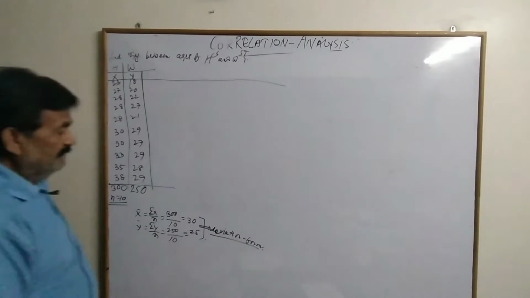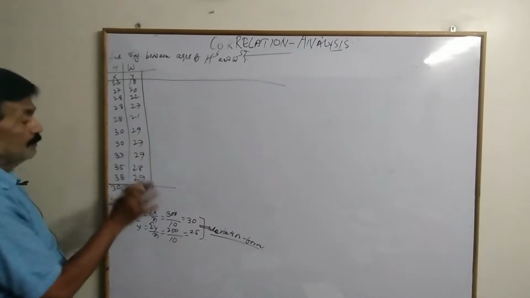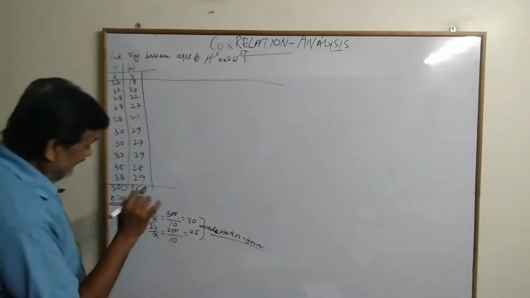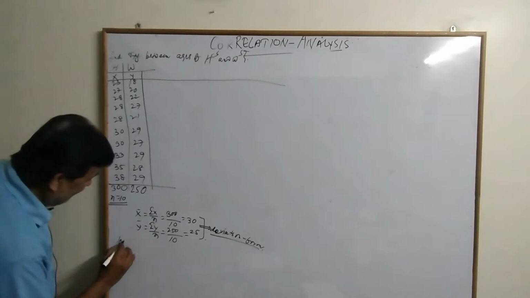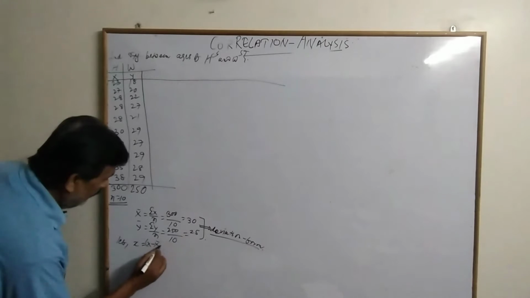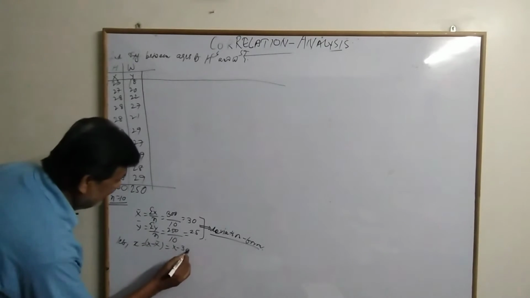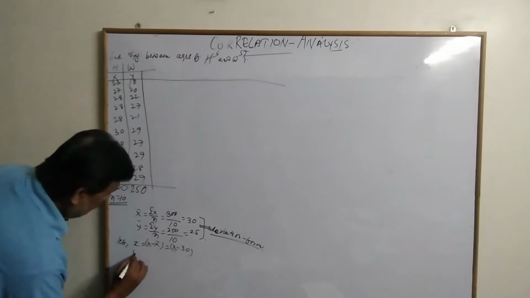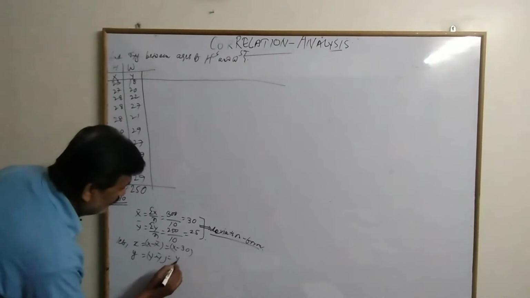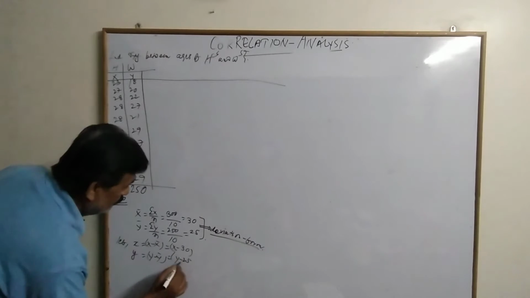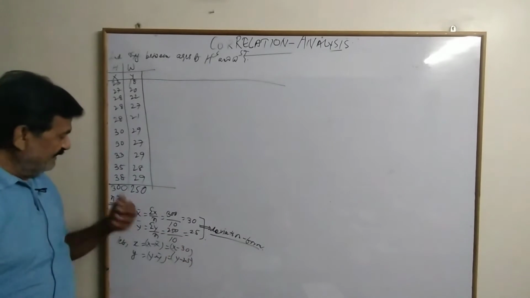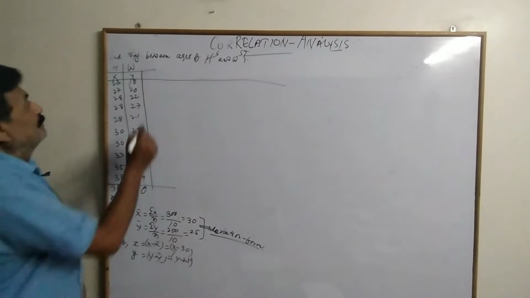Now, the moment we have decided that this sum should be solved with the deviation form of calculation, then we must define small x as x minus x bar, this is x minus 30, and small y as y minus y bar, and this is y minus 25. So both variables, when they are deviated from their own averages or the means, we are getting a small x and a small y.